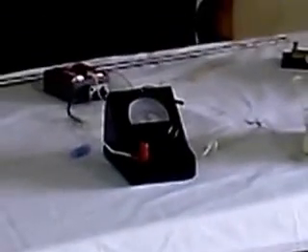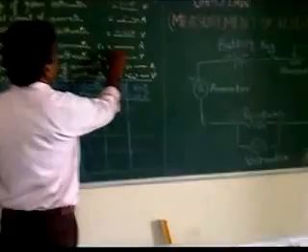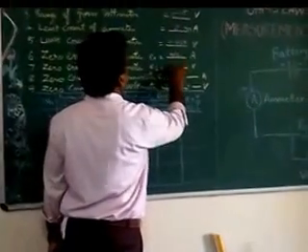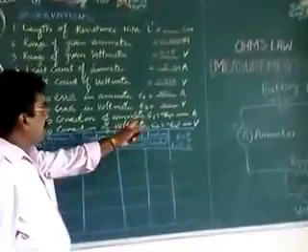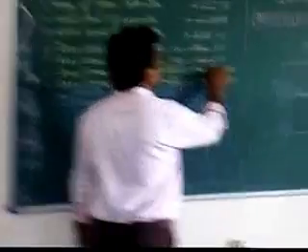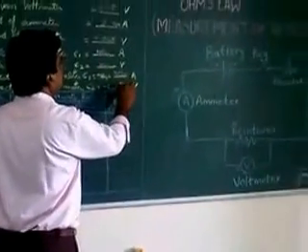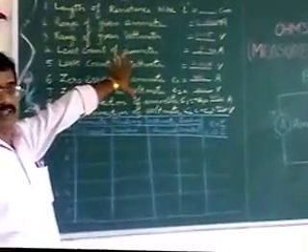Then we have to take the error. So if it is showing no zero error, just write nil, nil. If the zero error of the ammeter is nil, the voltmeter is also nil. Automatically the correction will also become nil. So correction is nil, nil. That's all. These are the observations which we will take.